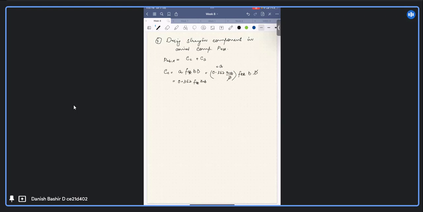Okay, we got this expression. So we substitute the value of FCK as 25 and B as 300, and XU balanced as 210.6. We will get the value as 57,177.9 newtons.